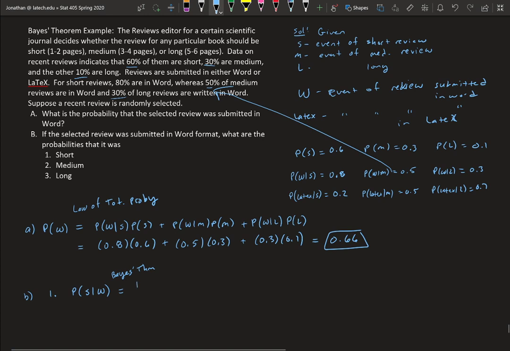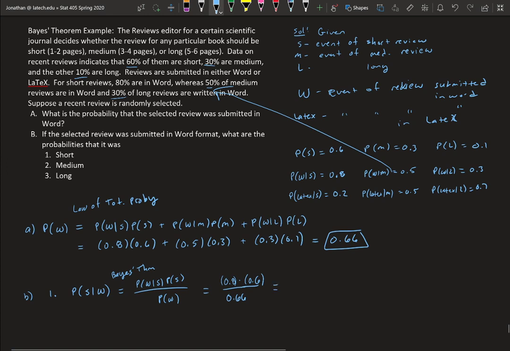which is probability of Word given short times probability of short over probability of Word. Normally I would stick this whole thing in the denominator, but I already have it, so it's going to be over 0.66. Probability of Word given short is 0.8, times probability of short, which is 0.6.